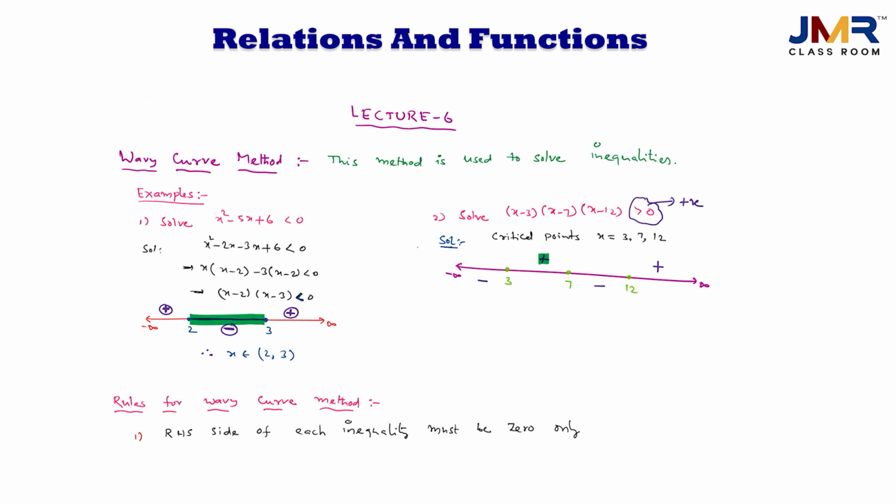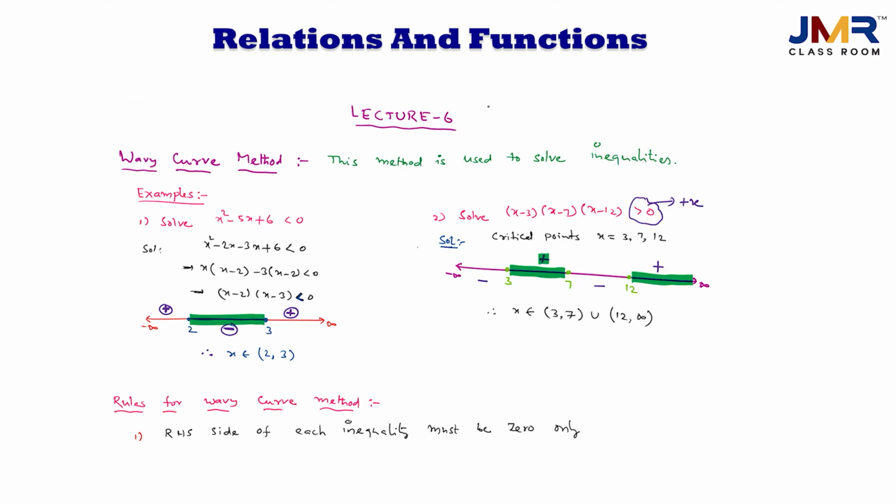Positive, see, from 3 to 7, and again positive from 12 to infinity, because if you take any value of x from minus infinity to 3, it gives a negative value. But here positive is required. Therefore, x belongs to the values 3 to 7, open and open, union again 12 to infinity.